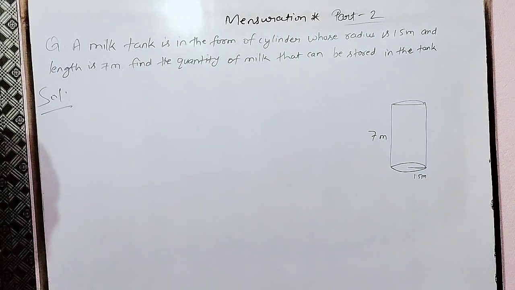To find it, we have to solve it. We need to identify how much space is in this given tank, and the quantity of milk will be the requirement to store in the tank.